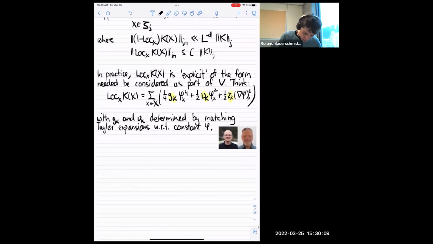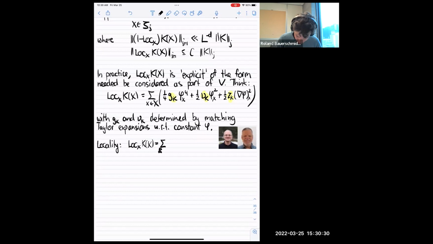Anyway, a key feature that we'll be using is the following locality property. So this log x is a sum over x.